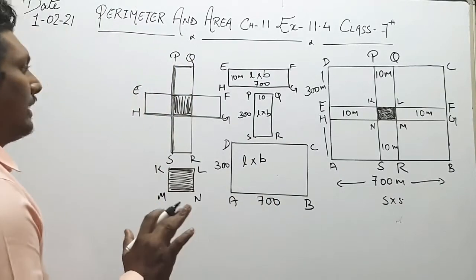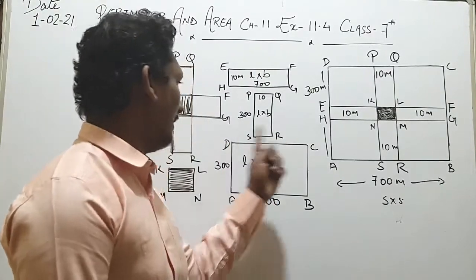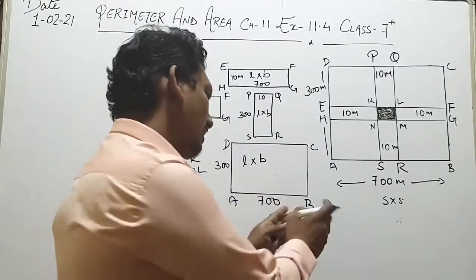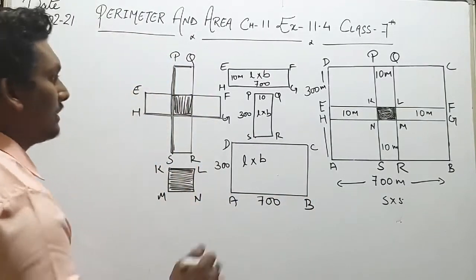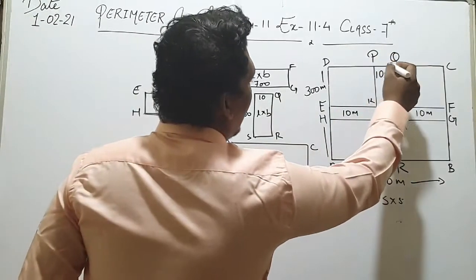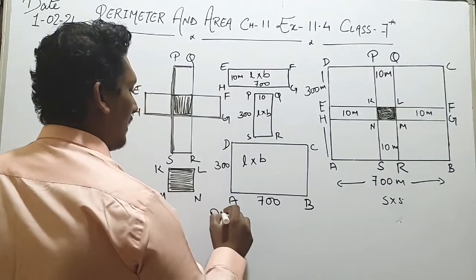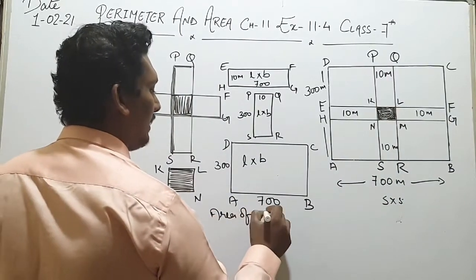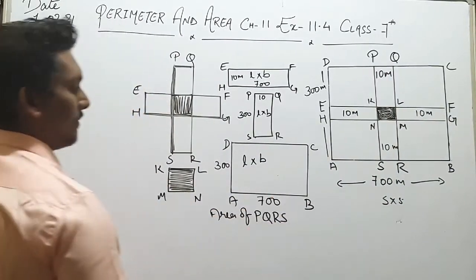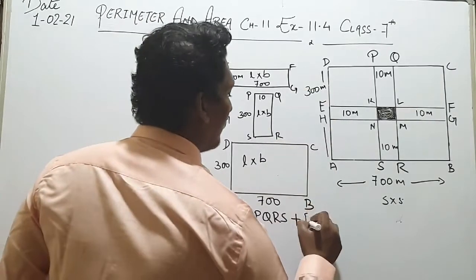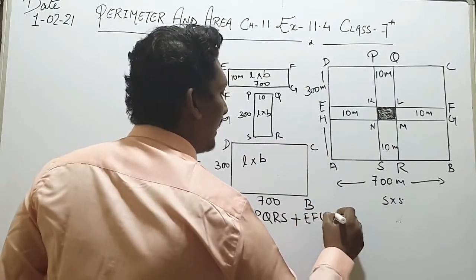So how to calculate? First, find the area of the bigger rectangle, ABCD, separate it. Then you have to add the area of PQRS, which means length into breadth, plus the area of EFGH.